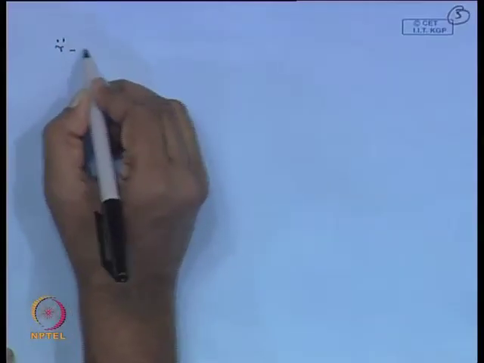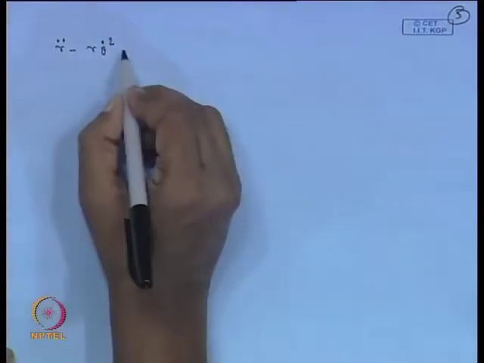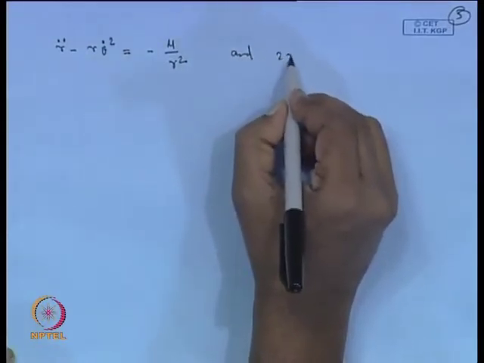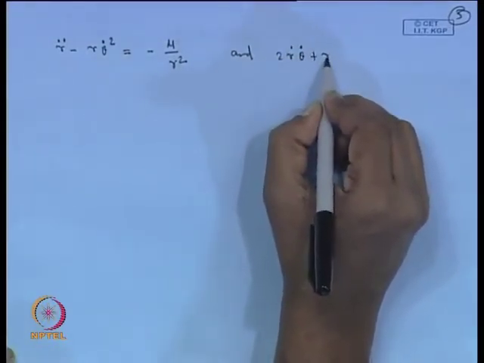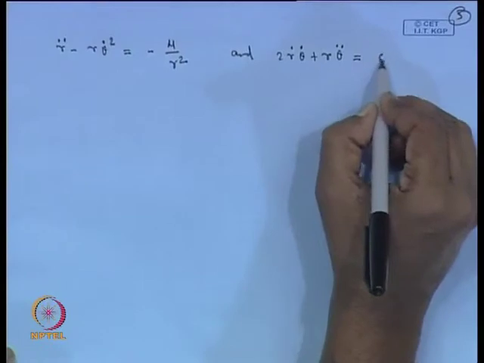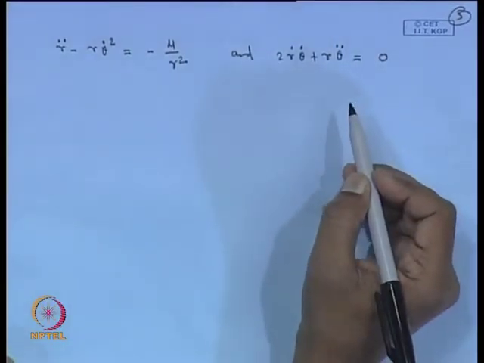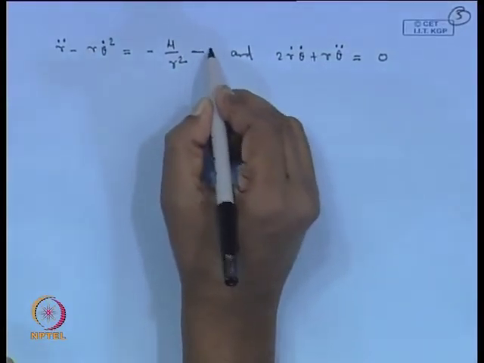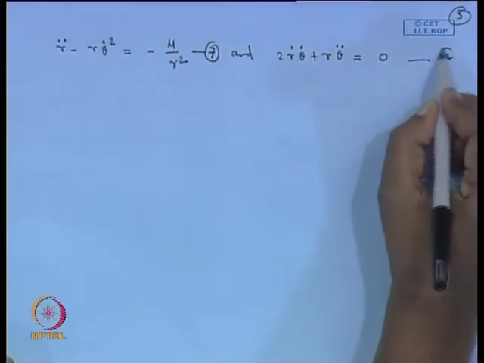So, comparing these coefficients, this gives us r double dot minus r times theta dot square, this is equal to minus mu by r square, and 2 r dot theta dot plus r theta double dot, this is equal to 0 because there is no term of u theta cap on the right hand side in equation number 6. Okay. So, this is our equation number 7 and this is equation number 8.